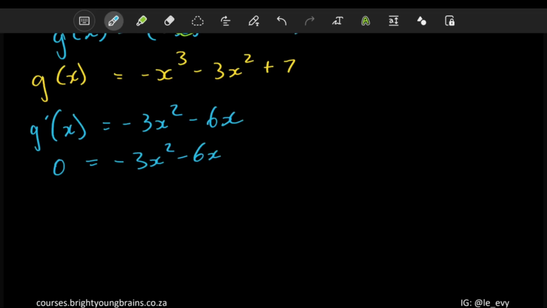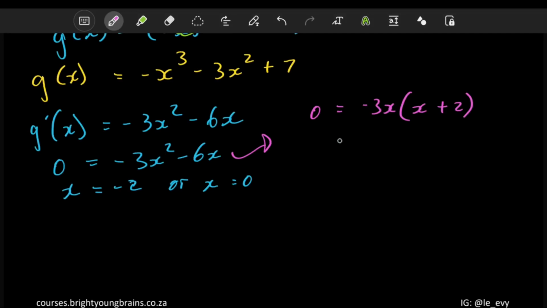From here you're going to have an x value of negative 2, and the other one is just going to give you a 0. Obviously if you had factorized, you can take out negative 3x as a common factor, then you have x on its own and a positive 2, and you would still get these answers.